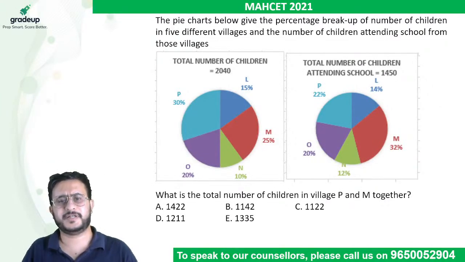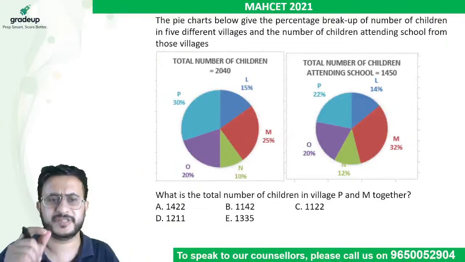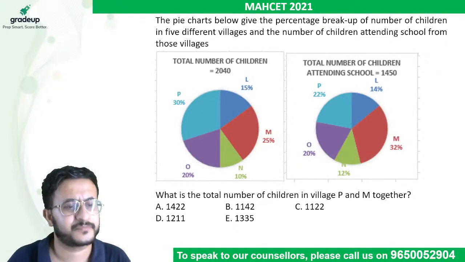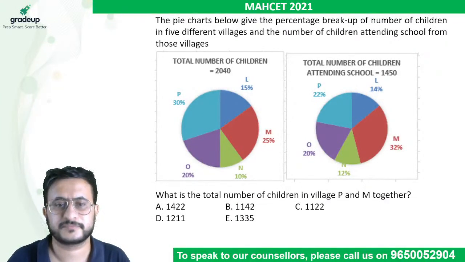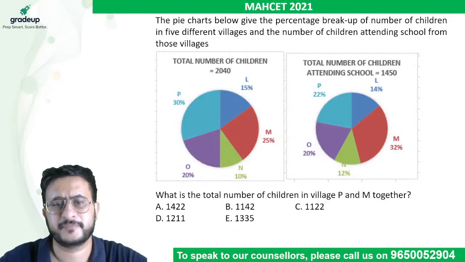So total number of children in village P and M together. One side we are going to do easy, and the second one is going to be a difficult one. So you have to find the number of children in village P and M together.